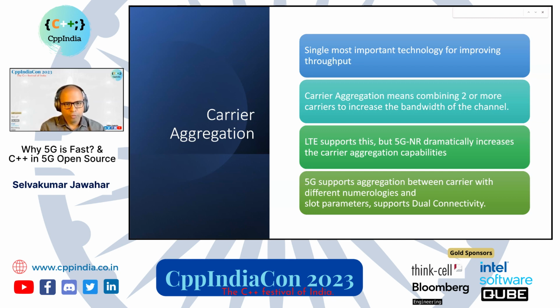The innovation in 5G is that receivers and transmitters can do carrier aggregation of different carriers with different characteristics. If there is a carrier in a lower frequency band and a carrier in a higher frequency band, they can be aggregated, which was not possible in 4G.